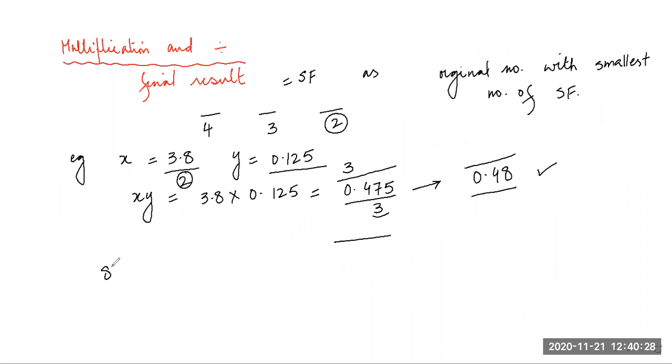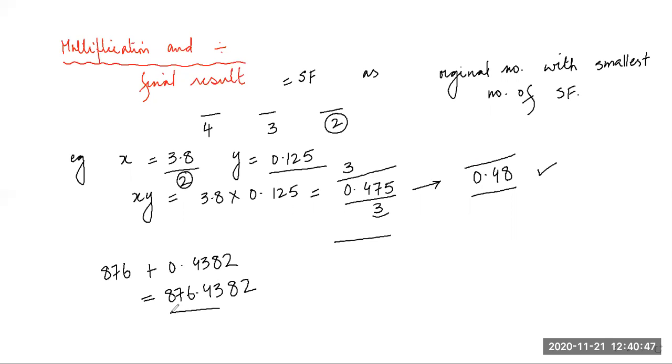Let's say we have 876. It has no decimal, plus 0.4382. So once we add them, students, we will get 876.4382.